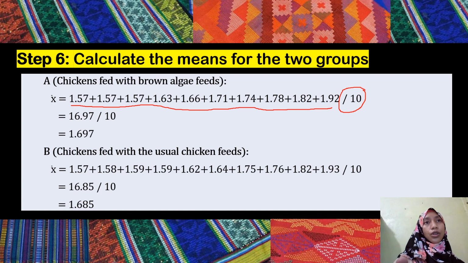So the answer would be 1.697. That is the mean weight of the chickens fed with brown algae feeds. And our control group, or group B, the mean weight of these chickens is 1.685.